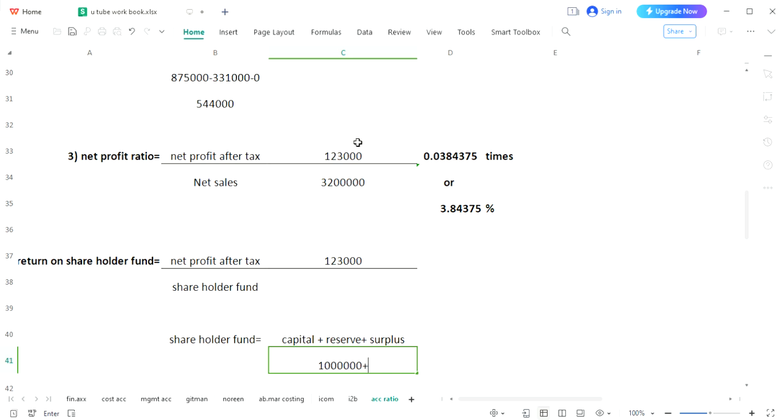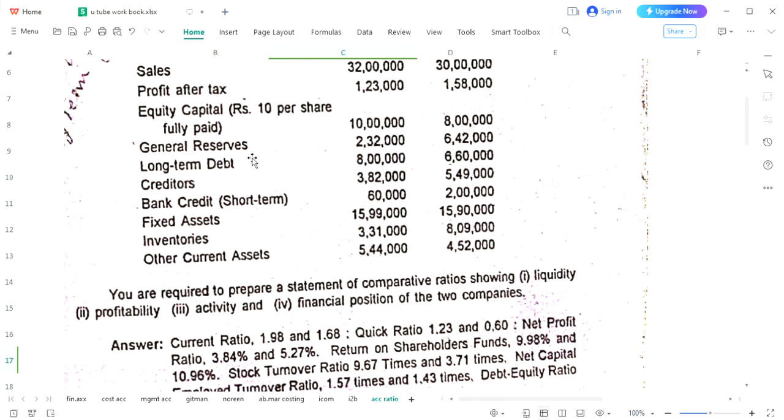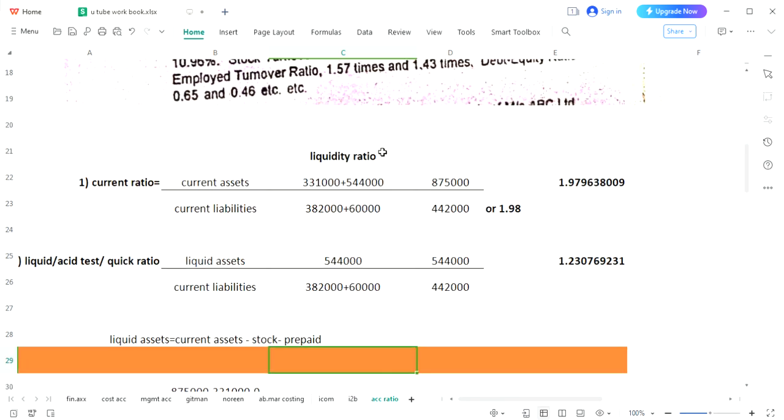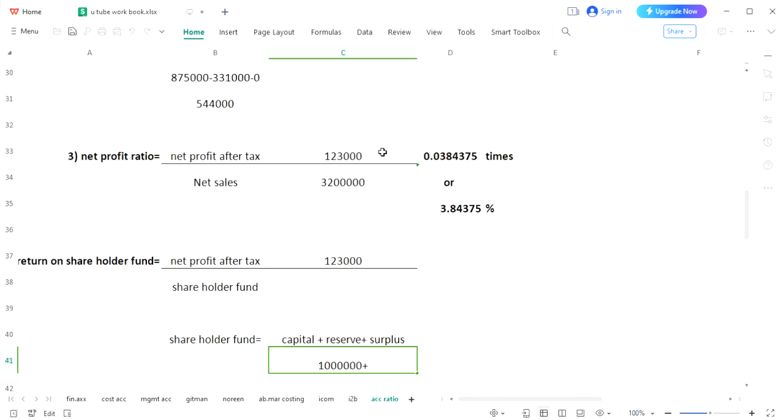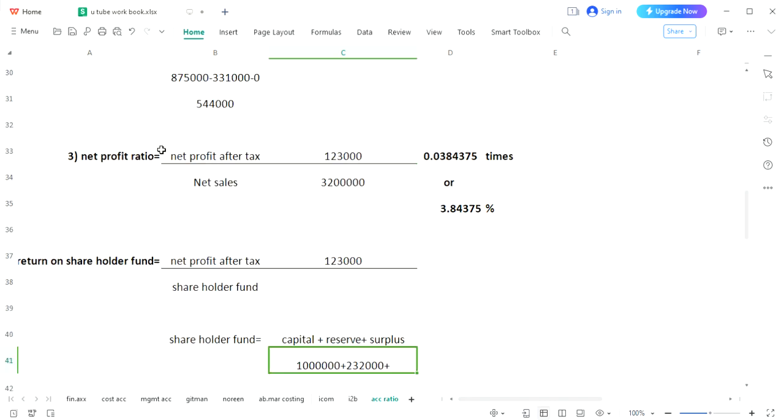and then you need to add reserve. So we also have reserve. Look at here, general reserve 232, and here we are mentioning 232,000, and now we will search for the surplus. But here you can see this is the starting and ending points, but surplus is not present over here. It means for surplus you may write 0.